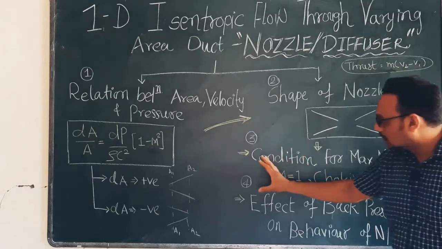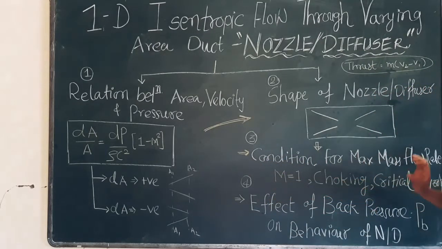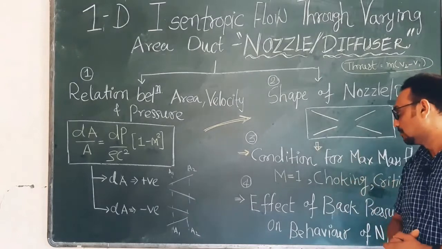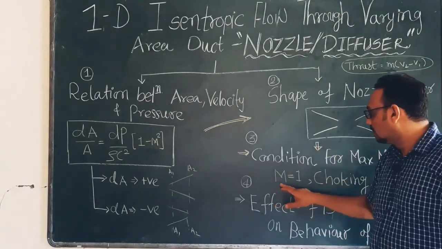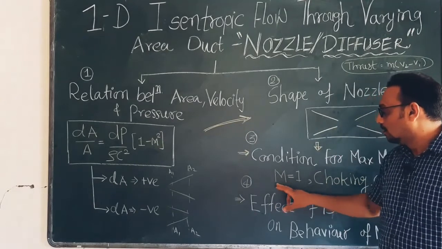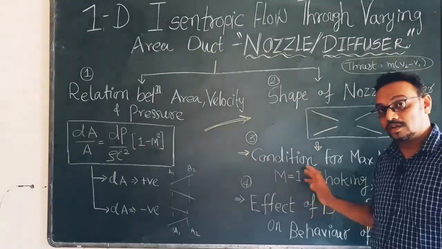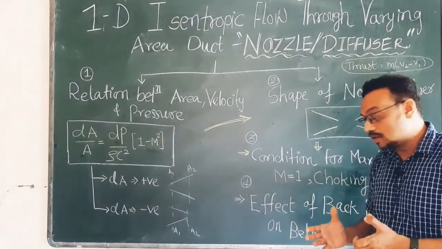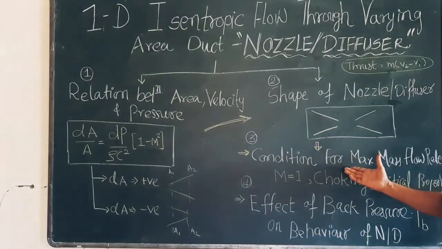Okay. So the third theory is the condition for maximum mass flow rate. How can we achieve maximum mass flow rate at the outlet of the nozzle? From this theory, we can say that when the Mach number is equal to 1 at the throat, meaning when the fluid velocity becomes sonic velocity at the throat, then only we can get maximum mass flow rate.